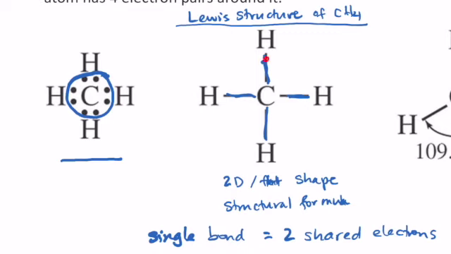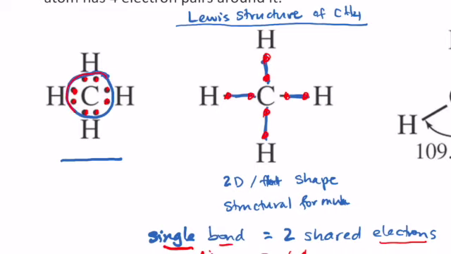So this would be 2 electrons in here, 2 electrons in here, 2 electrons in here, and 2 electrons in here. So each of these bonds can be thought of as either 2 electrons or a single line. Okay, so that's one line, has 2 dots, basically. And so those dots are electrons, and the line is a bond.